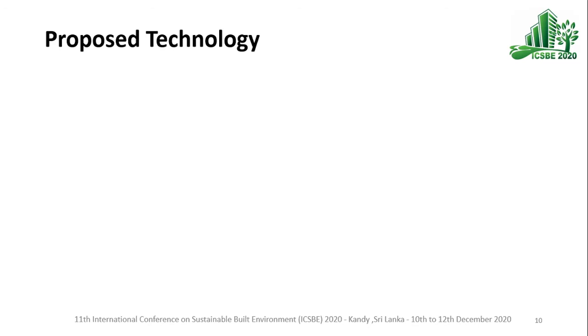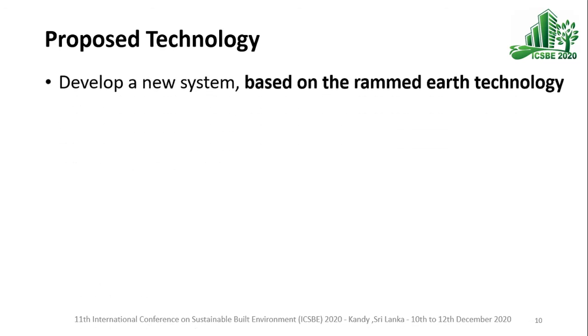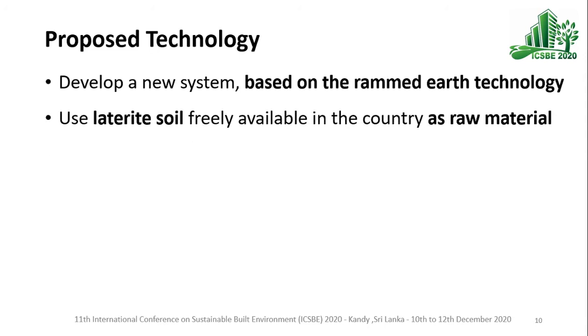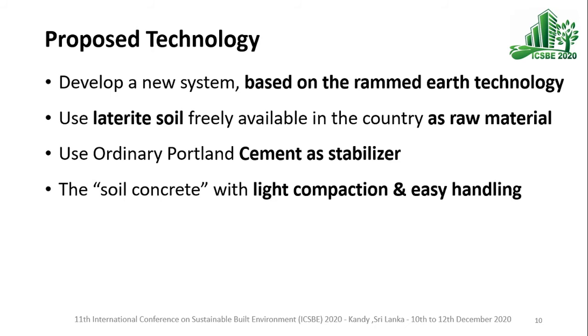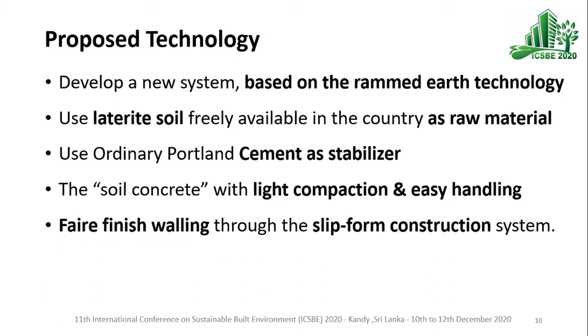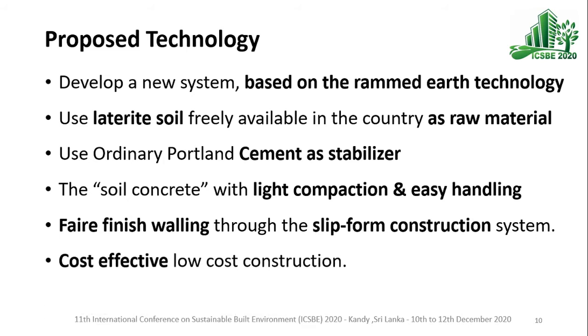The proposed technology is based on rammed earth technology, with laterite soil used as a raw material and OPC, ordinary Portland cement, used as the stabilizer, with soil concrete, light compaction, an easy handling method, and a fair finish walling through a slip form construction system, a cost-effective low cost construction technology.